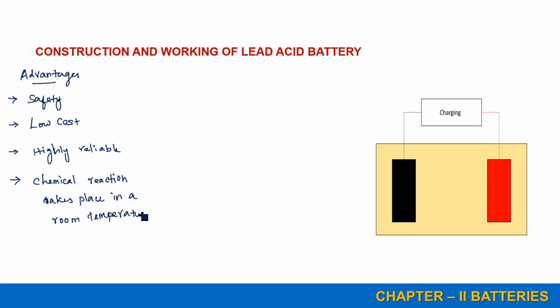So these all are the advantages of the lead acid battery, and then we will see the disadvantages too. What are the disadvantages? It has low energy density as compared to other batteries like nickel cadmium as well as lithium ion battery. So low energy density is the main problem.